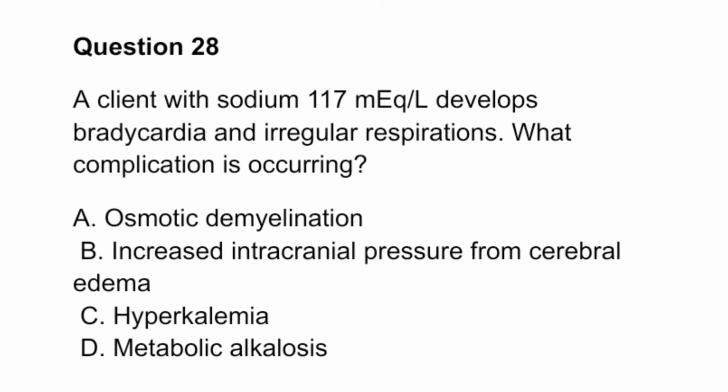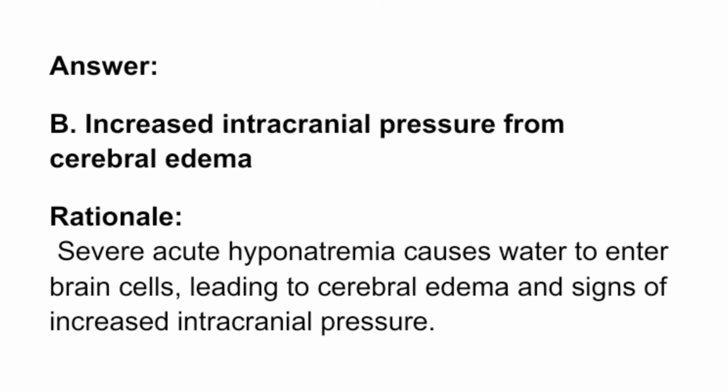C. Hyperkalemia. D. Metabolic alkalosis. Answer. B. Increased intracranial pressure from cerebral edema. Rationale. Severe acute hyponatremia causes water to enter brain cells, leading to cerebral edema and signs of increased intracranial pressure.